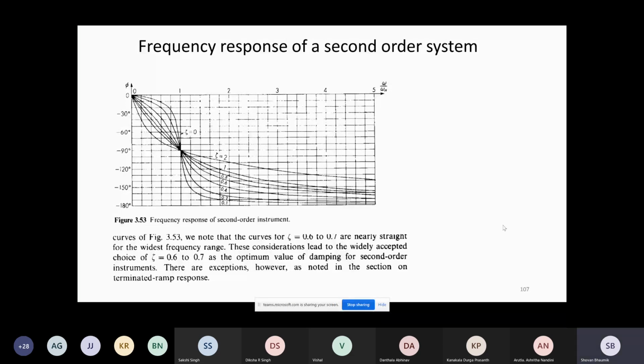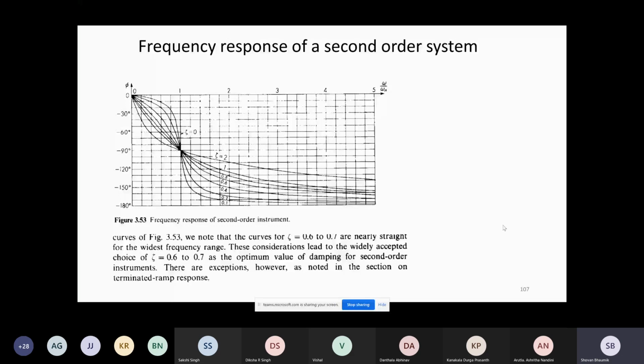This is very usual and easy to follow: if you have built an instrument, most probably you will know its transfer function, and from there you can plot the Bode plot. That means frequency versus gain and frequency versus phase. Now the thing is how you can plot such a thing.